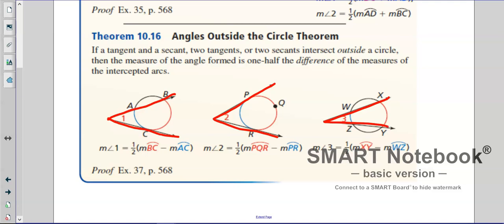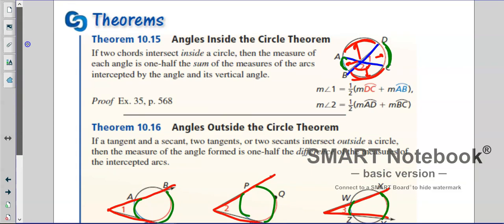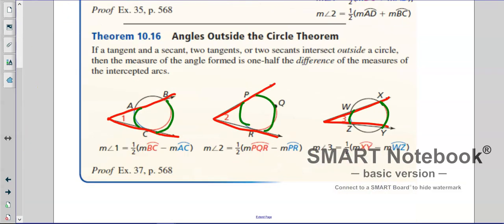So this time, we're going to take this one minus this one and divide by 2. This one minus this one, divide by 2. This one minus this one, and divide by 2. So inside we add, outside we subtract.